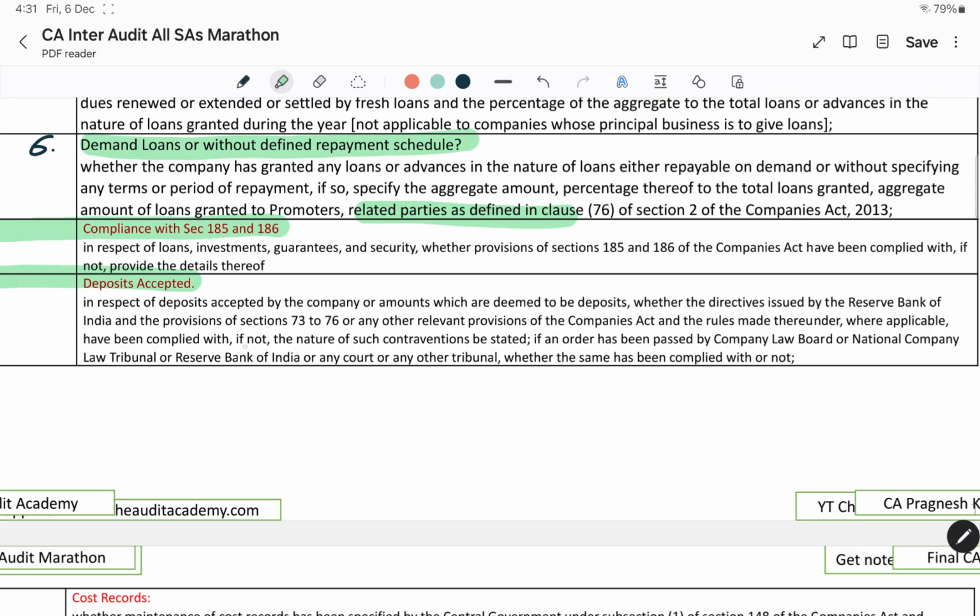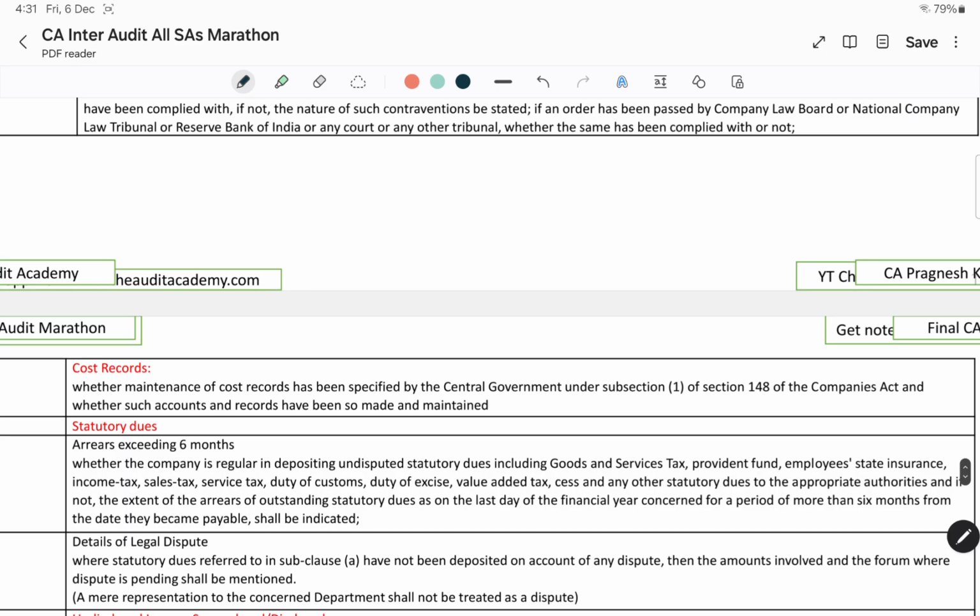If not, the nature of such contravention to be stated. If an order has been passed by the Company Law Board or National Company Law Tribunal or RBI or any court or any other tribunal, whether the same has been complied with or not.